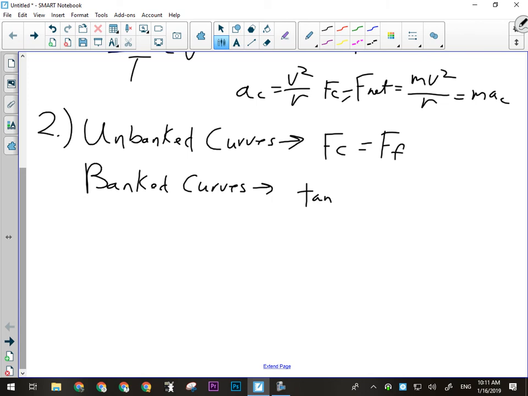Our formula for that was tan of theta equals v squared over r times g. There could be something in the multiple choice about banked curves, possibly written response, but more likely multiple choice. Just make sure you understand how banked curves work.